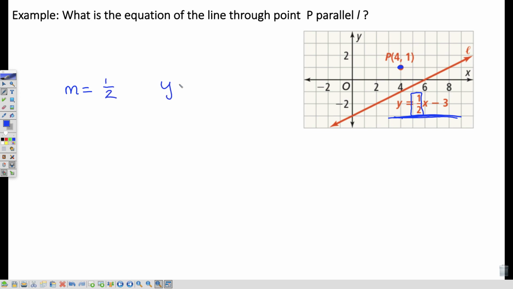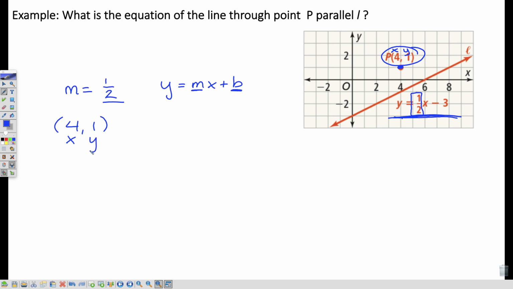And I need y equals mx plus b, so I need an m and I need a b. I have an m, and I have a what? An x and a y. So if I have an m and an x and a y, can I solve for b?